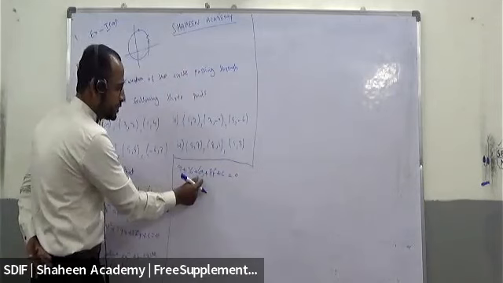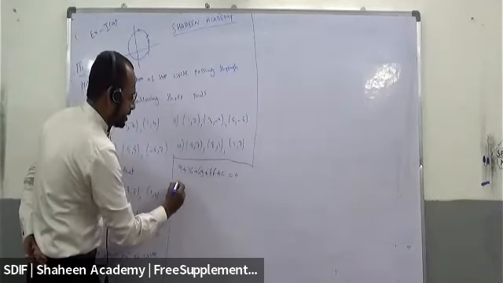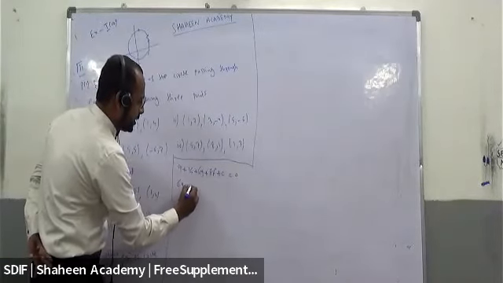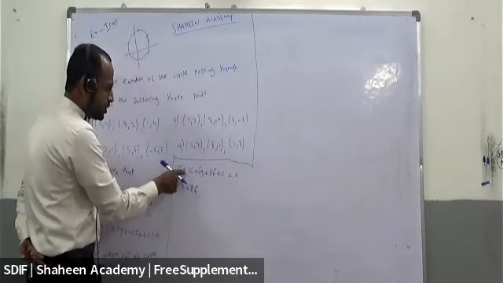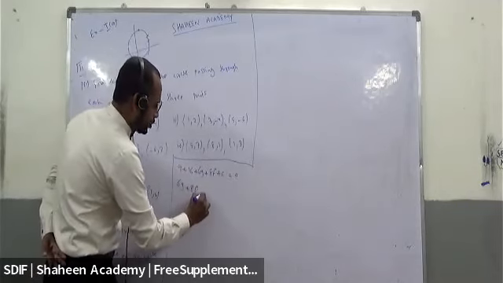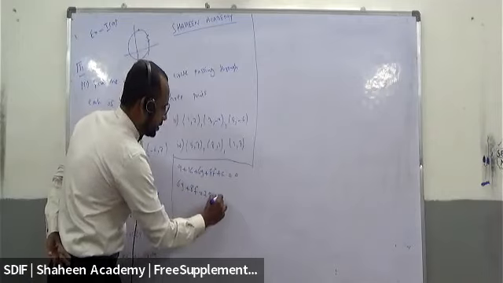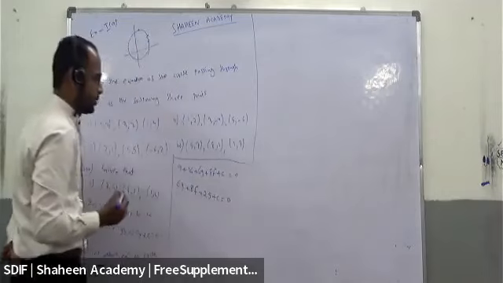Now 6g plus 8f, 16 plus 9 is how much? 25, plus c is equal to 0.